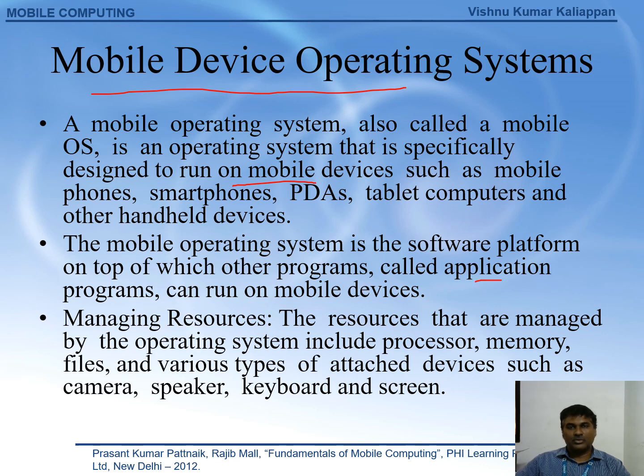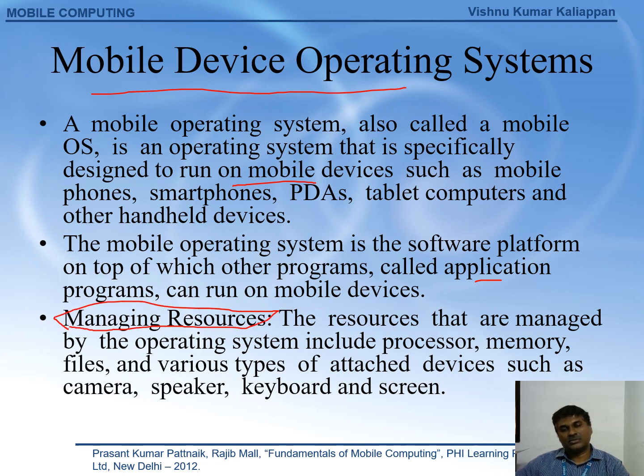Usually the difference between a mobile operating system and a conventional operating system is that the mobile operating system, as I said before, is completely customized according to the specific purpose of a mobile device. The major part here is managing resources.